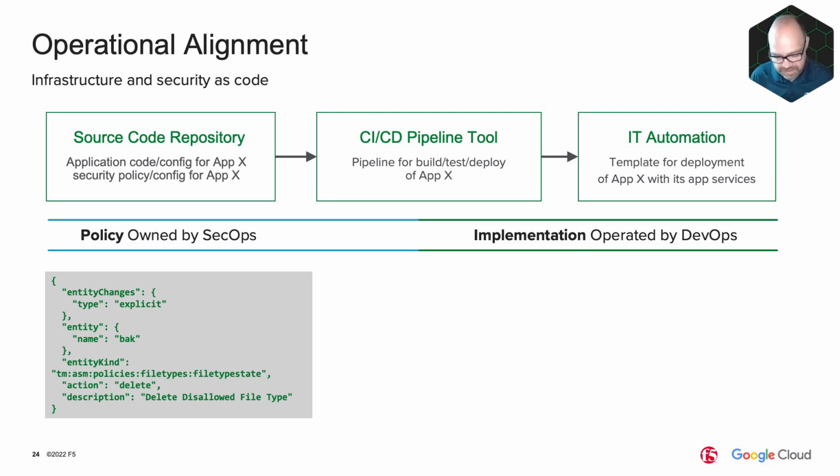We're also probably going to keep some of our infrastructure code in there. So, the deployment manifests, any kind of automation tools we're using to build the infrastructure to deploy the application. That could be Kubernetes manifest files. It could be anything. So I keep in source control my application code and my infrastructure code. And with F5 NGINX App Protect WAF, I can also keep my security code because the security policy is just a JSON file.